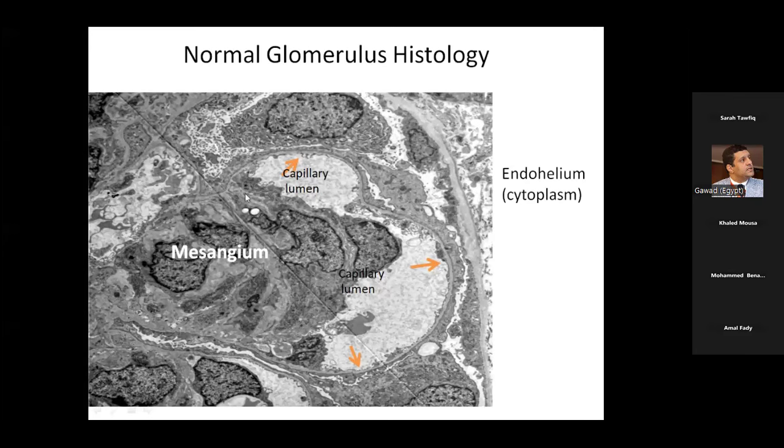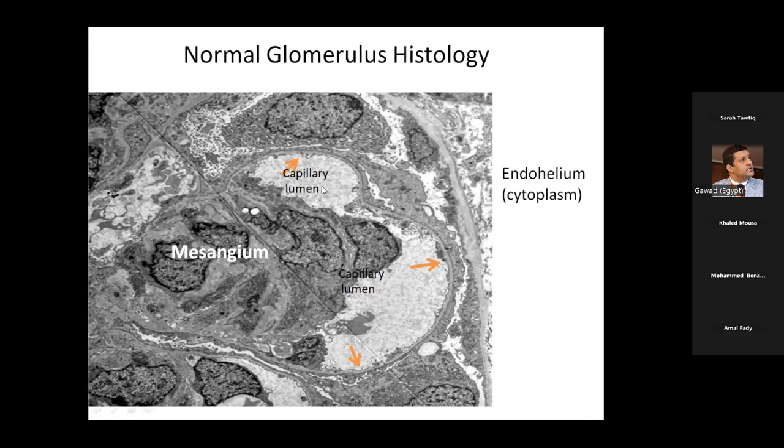It goes like that to separate the capillary lumen from the mesangium. Yes, it is encircling the mesangial cell. This area we call the hinge region, where the glomerular basement membrane reflects on the mesangial area.